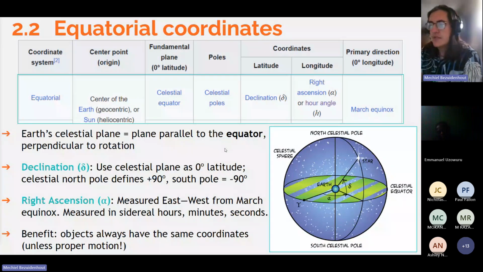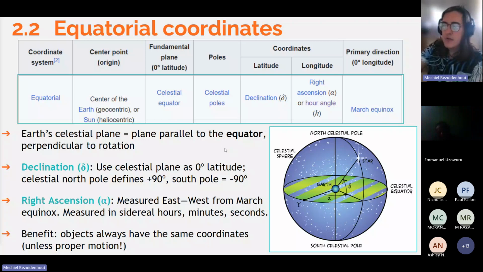And instead of using the observer's horizon, now we use the Earth's celestial plane as the fundamental plane. So the celestial plane is the plane perpendicular to the rotation axis of the Earth, so it's parallel to the equator. That's why it's called equatorial. And then we define declination, delta, as the amount of degrees above or below that equatorial plane.